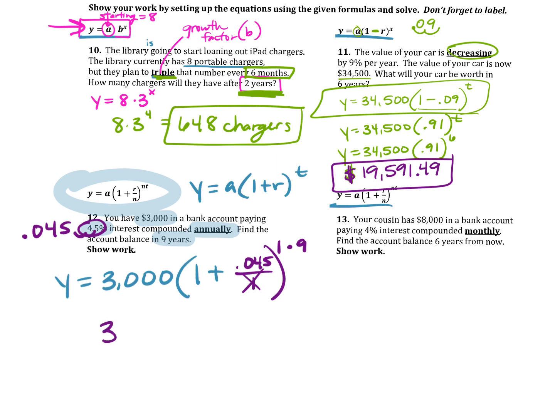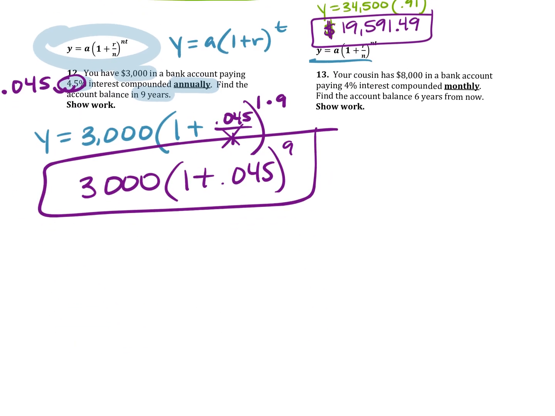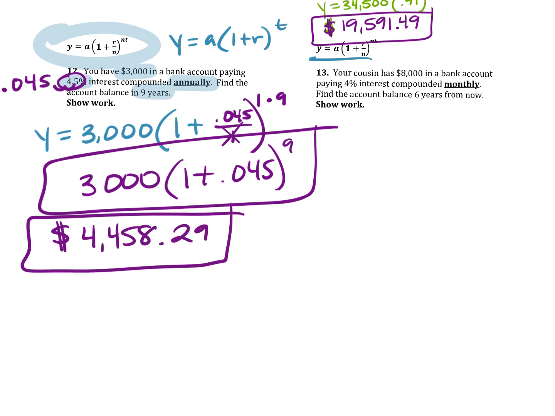I would plug this in as 3,000 times 1 plus 0.045 to the 9th power. Plug that into your calculator, because ones don't change it. Yes, I would absolutely do that. Did you get this? $4,458.29.